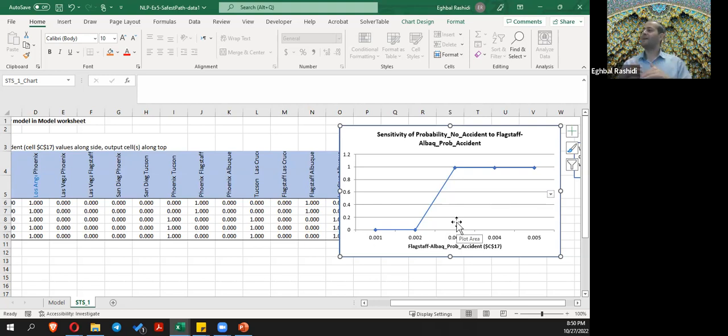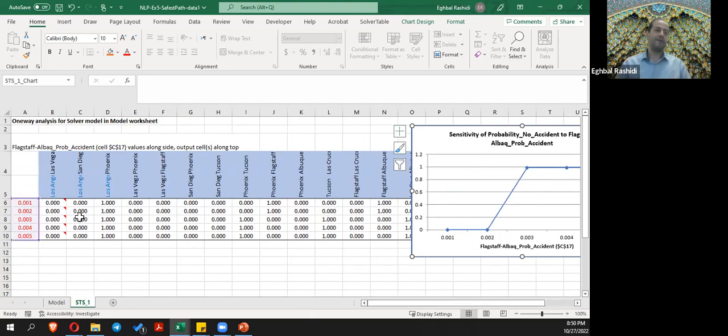So our safest path dropped that road and included another road, so from now on it wouldn't matter to the probability of having no accidents if you increase the probability of accidents for Flagstaff to Albuquerque, because it is now no longer in our safest path.